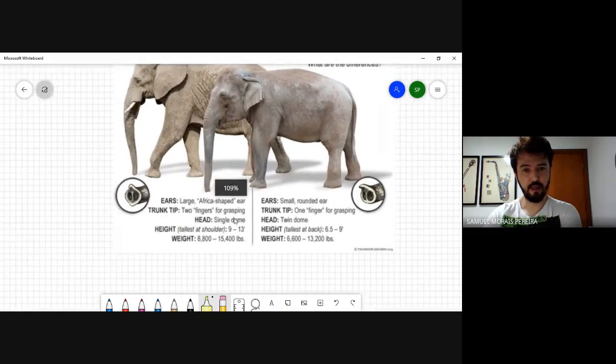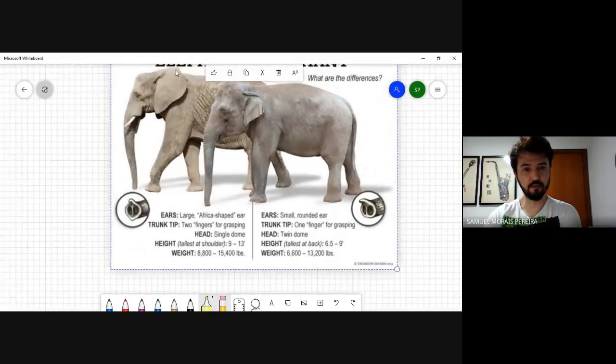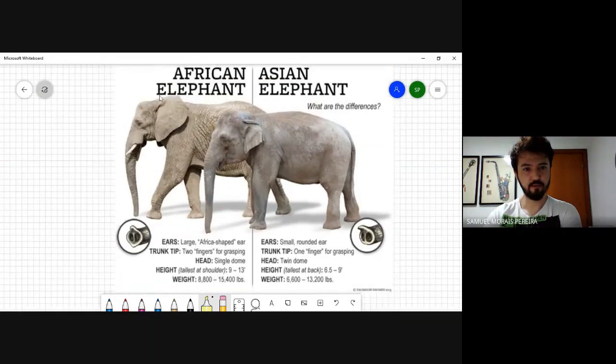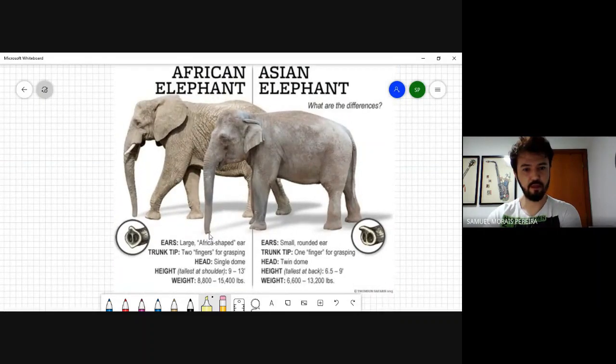So take a look at the size of the ears, okay? The African elephant has large ears, ao passo que the Asian elephant has small ears. Tá vendo? Take a look at the size of the ear of the Asian elephant.